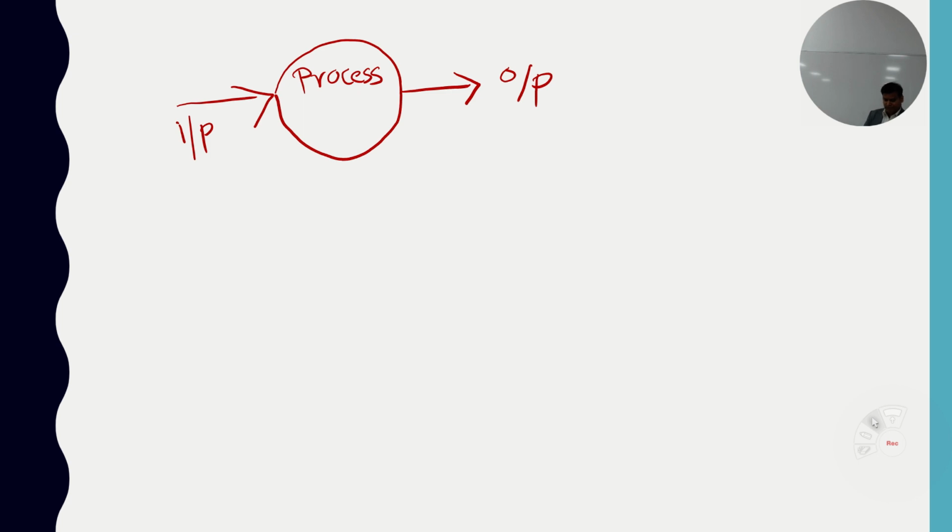Let's expand on this aspect. Let's say you have 3 cross 12, and what is the process that's going on?